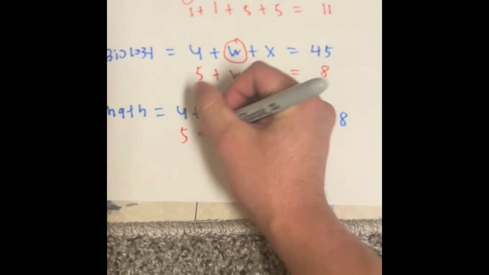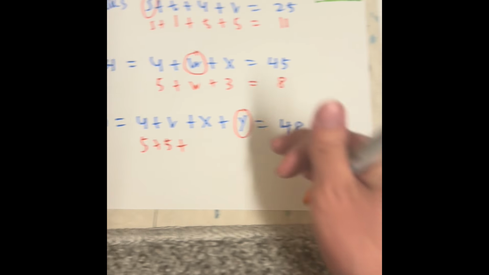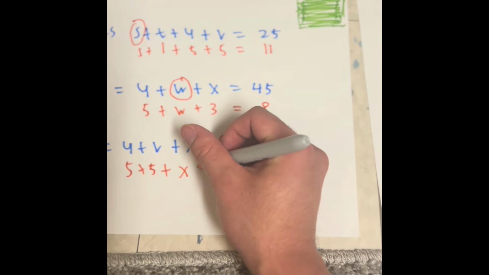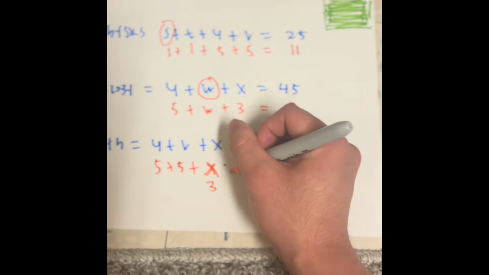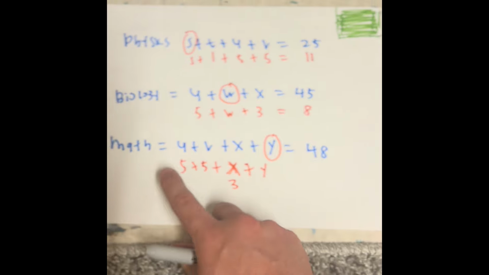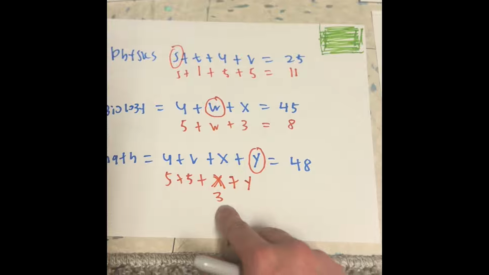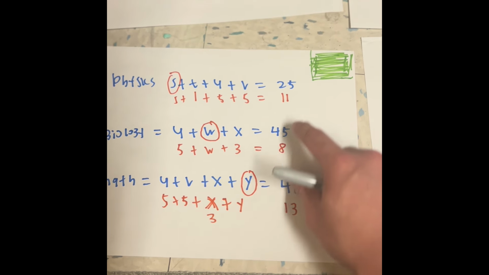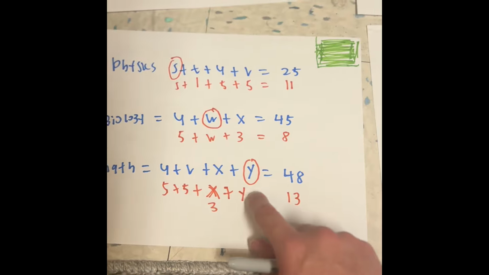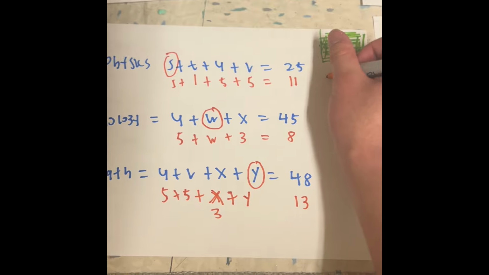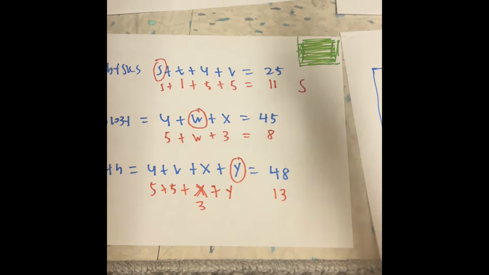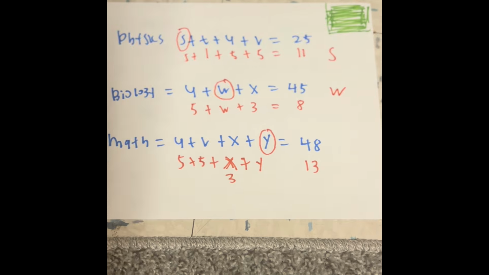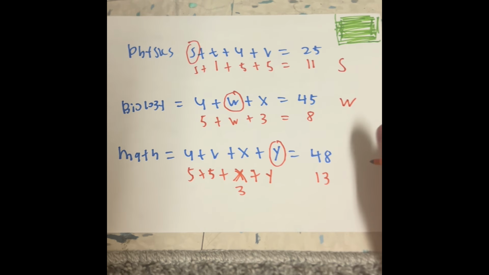So 5 plus 5 plus our X is 3 right there, plus, we don't know what our Y is. So 5 plus 5 plus 3 is 13. And since we have the numbers that were added without the variables, we will be able to understand how much only took physics, how much only took biology, and how much only took mathematics.